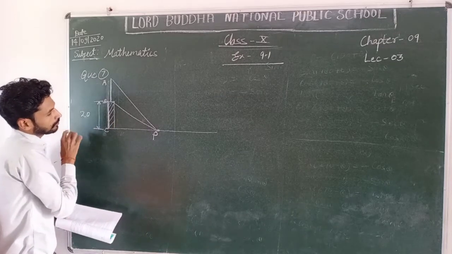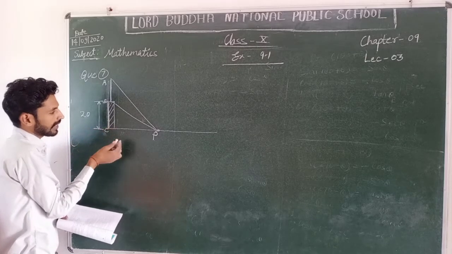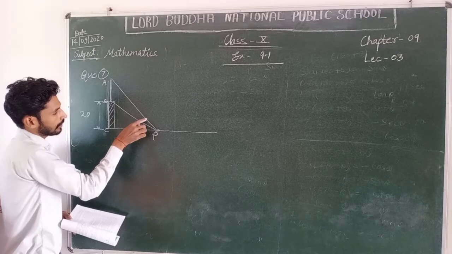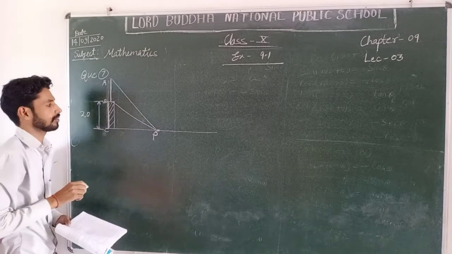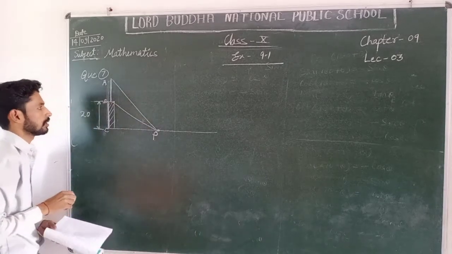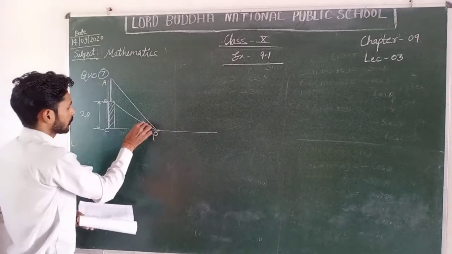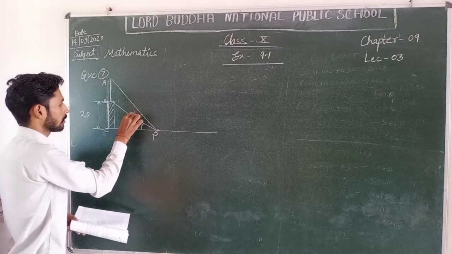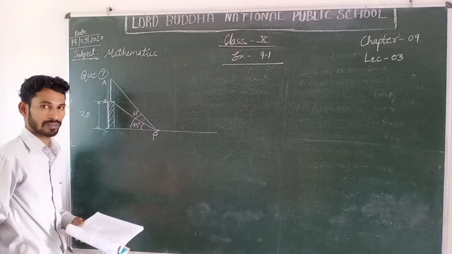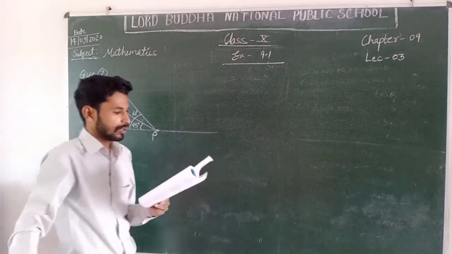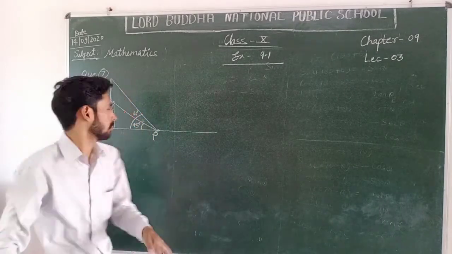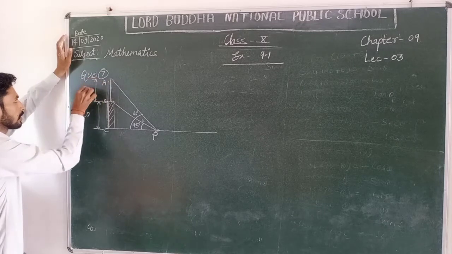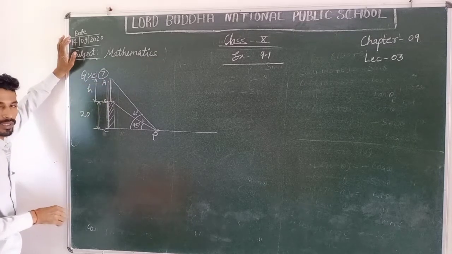So you can say there will be angles of elevation, that is 45, and next 60 degrees. Here is the 45 degrees and next is 60 degrees. Now find the height of the tower. Suppose that the height of the tower is h. Clear?